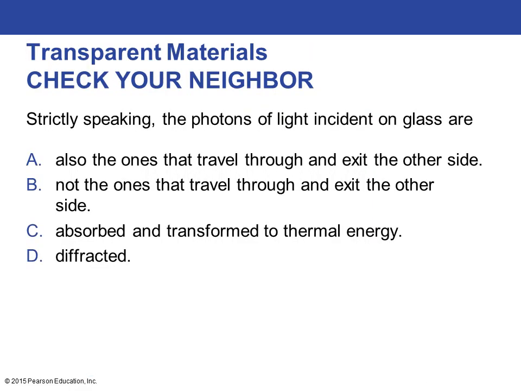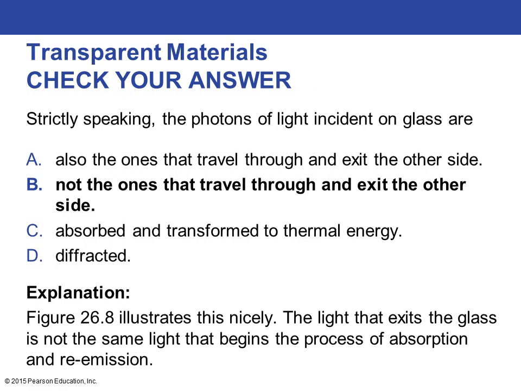Let's do a few review questions next on the movement of light through glass. So strictly speaking, are the photons of light incident on glass the ones that travel through the glass and exit the other side, not the ones that travel through and exit the other side, absorbed and transformed to thermal energy, or diffracted? The answer is they're not the ones that travel through and exit to the other side.